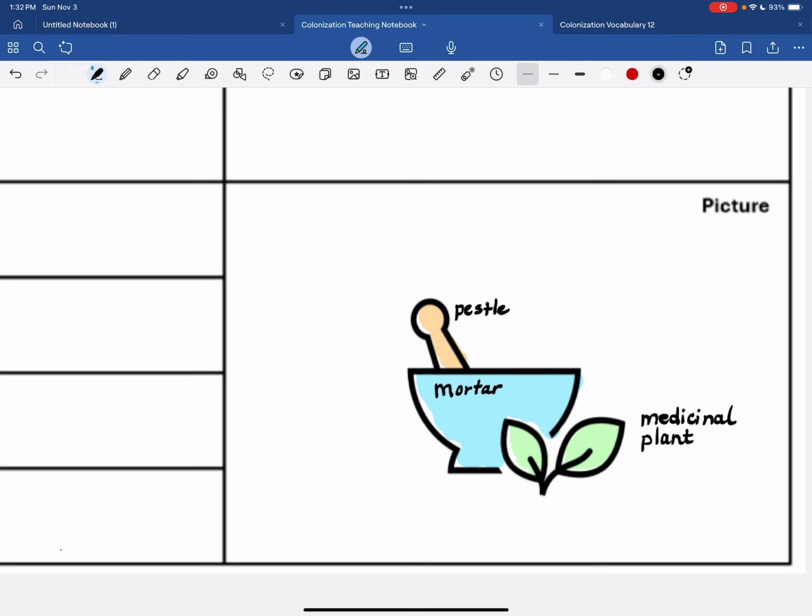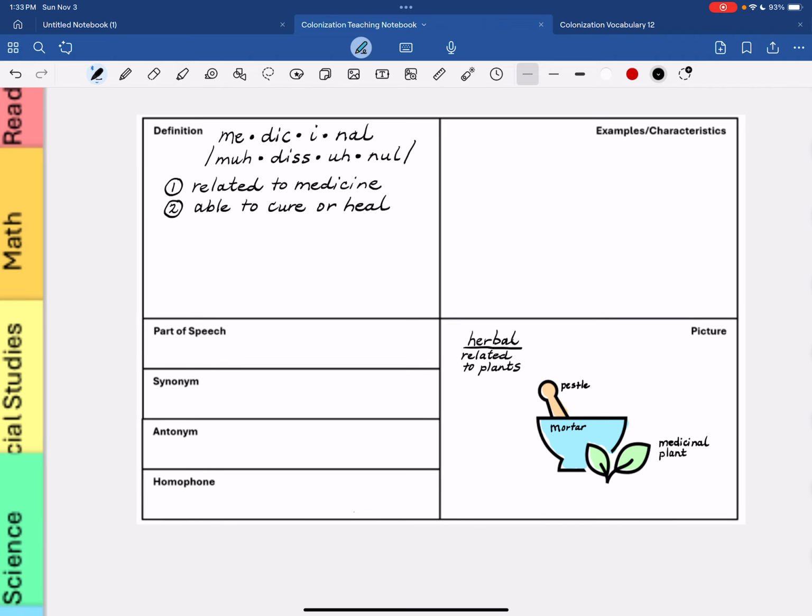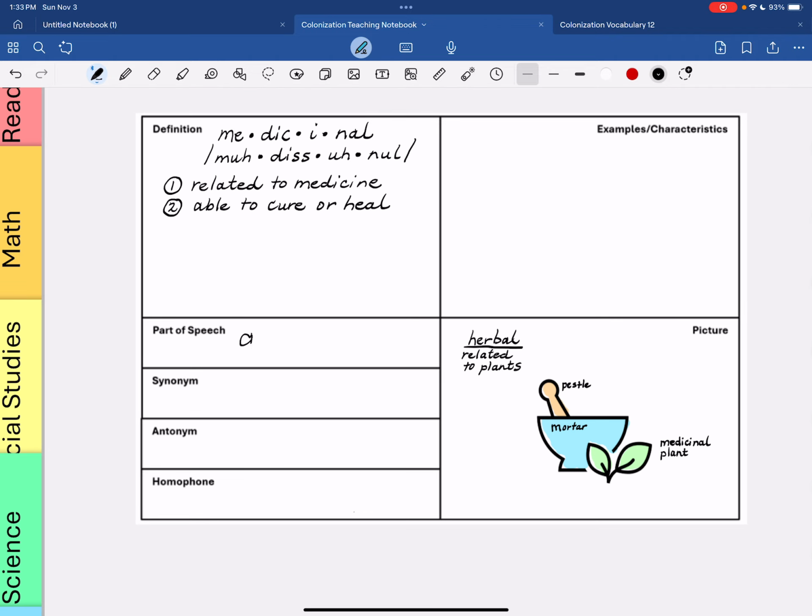And that's a word that we probably need to add to our glossary. Herbal means related to plants. Just like medicinal, herbal is an adjective. Okay, so let's go ahead. Medicinal is an adjective. It tells us what kind of plants.